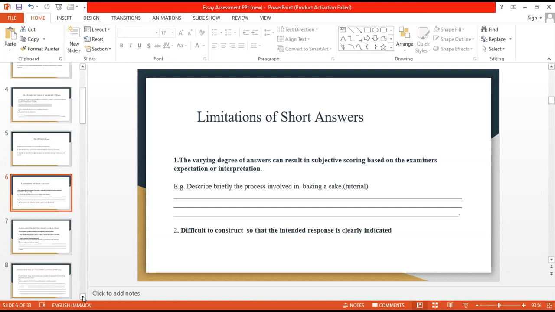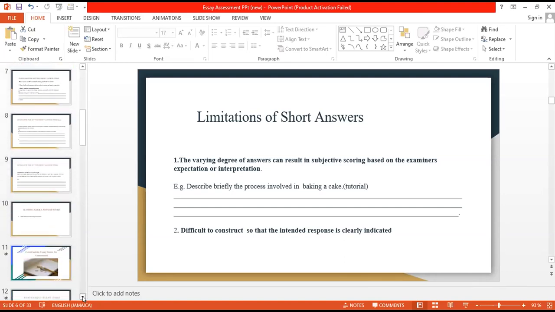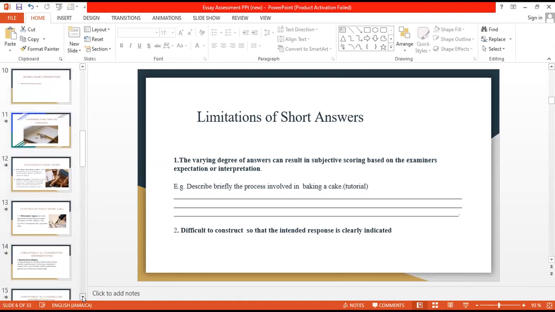All right. And this is what it said there, the limitation. It's difficult to construct so that the intended response is clearly indicated. All right. And there are some things that the student might come with which you definitely would see as irregular or insufficient. And then you might have the student who comes with something that you didn't think of or remember.